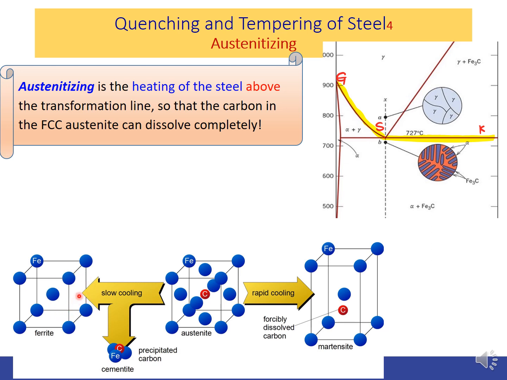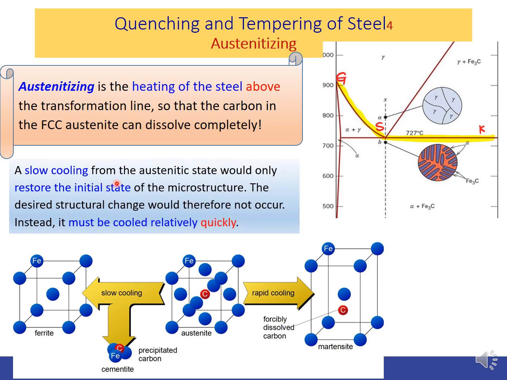Due to the relatively slow cooling, the carbon atoms would have enough time to diffuse from the transforming austenite lattice and form again the intermediate iron carbide compound, or the cementite. So thus, a slow cooling from the austenite state would only restore the initial state of the microstructure, and the desired structural change would therefore not occur.